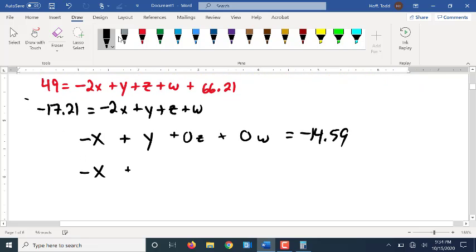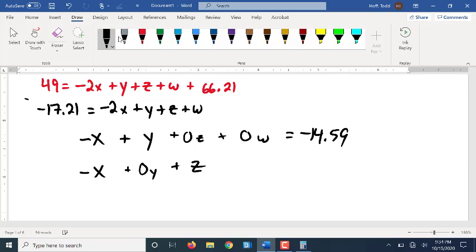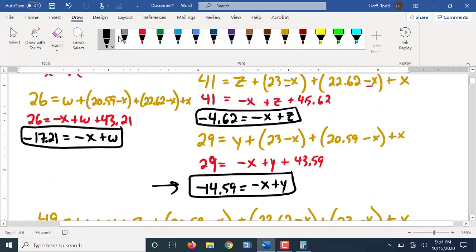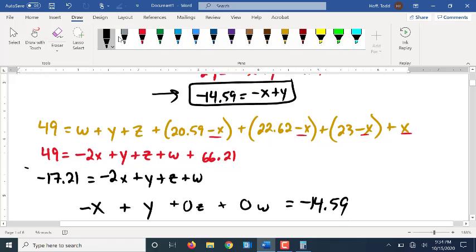Negative x plus 0y plus 1z plus 0w equals a negative, now what was that one up here? Negative 4.62.